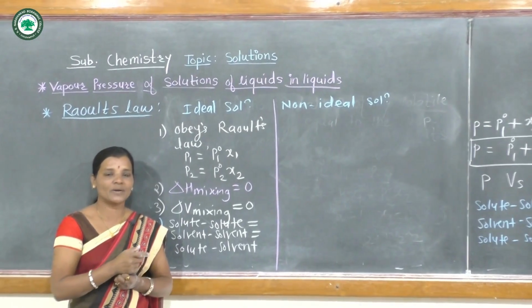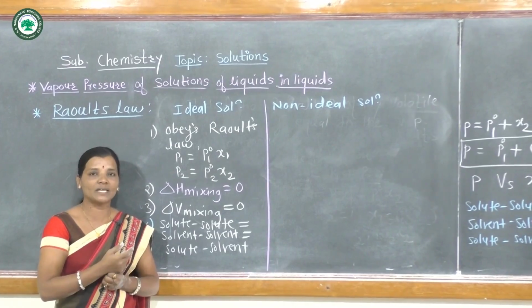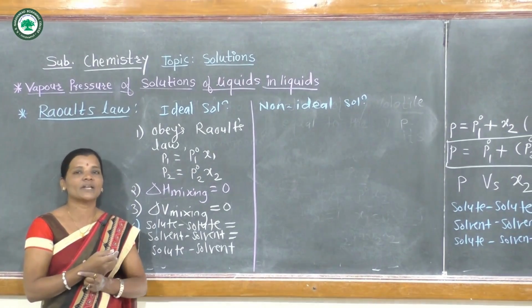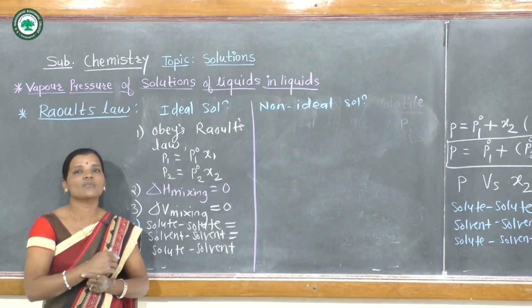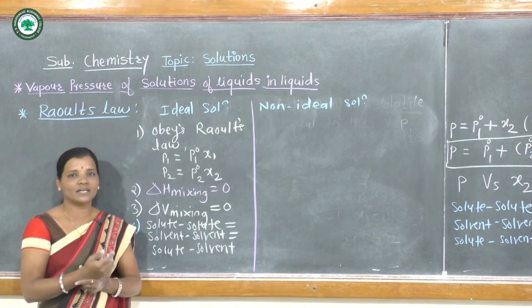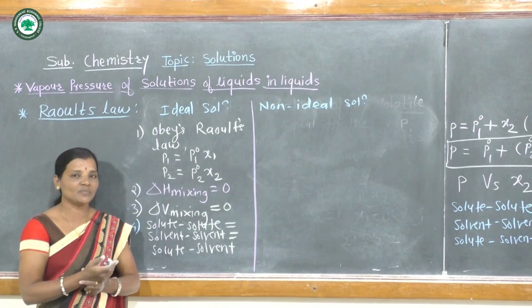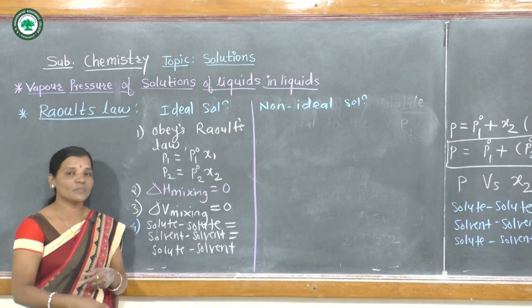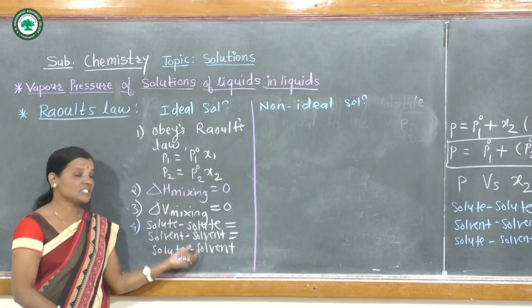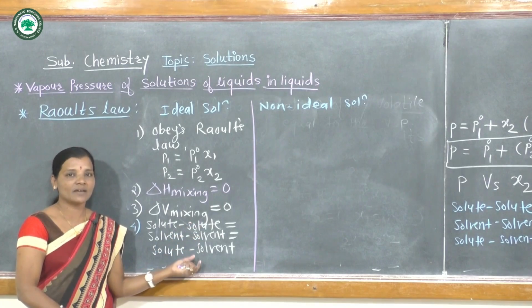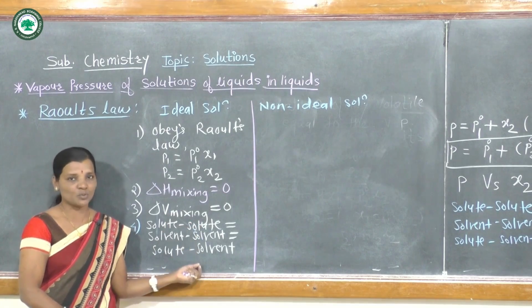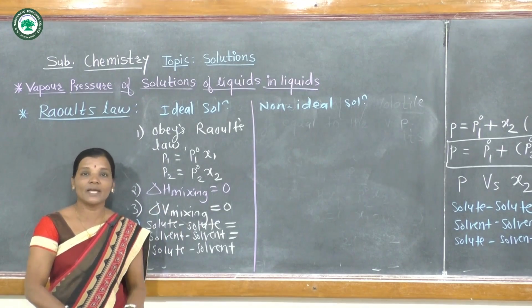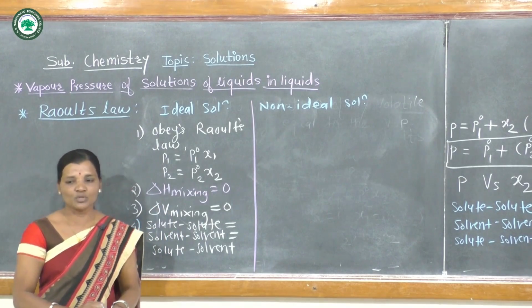There exists a force of attraction between solute and solute particles, between solvent and solvent particles, and also between solute and solvent particles. If all these attractive forces remain the same within these three interactions in the same solution, then that solution behaves as an ideal solution.